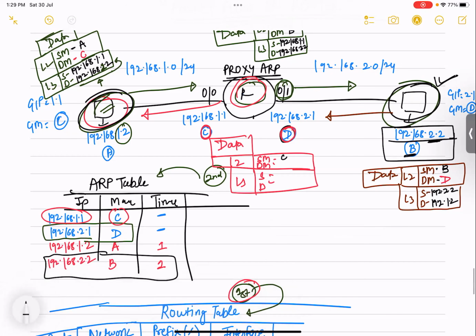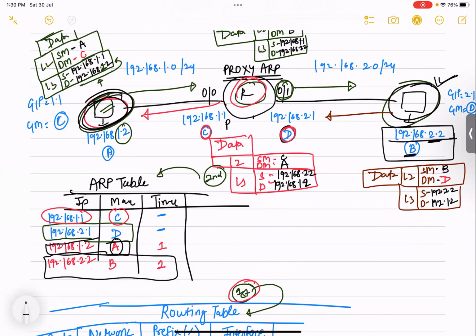Source MAC is C, destination MAC for 1.2 is A. Source IP is 2.2 and destination is 1.2. Clear?